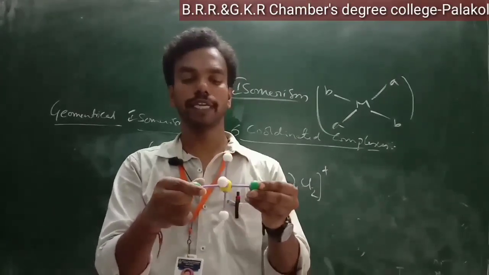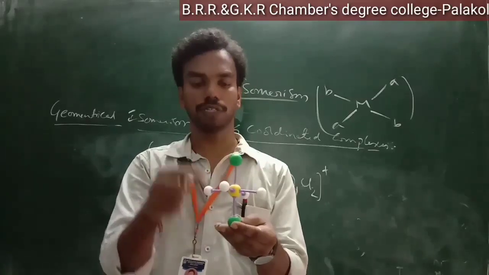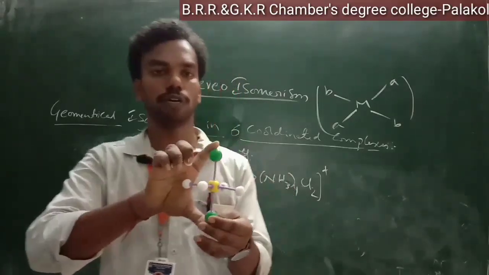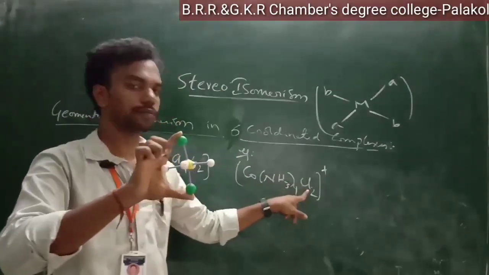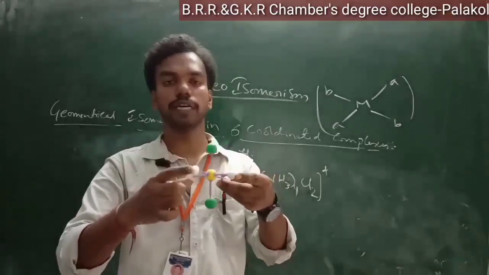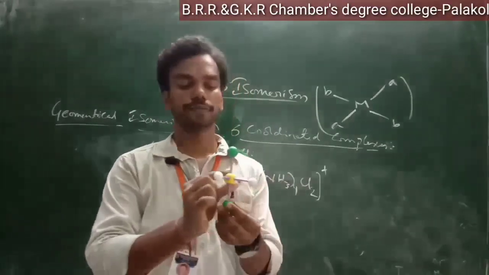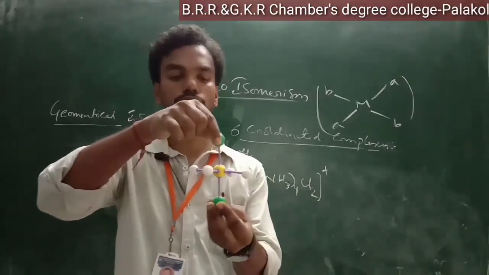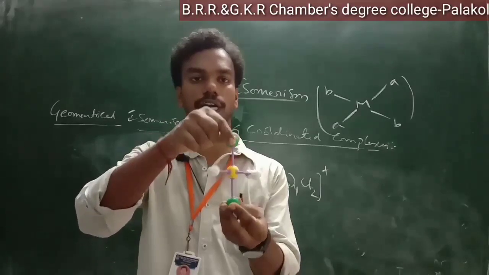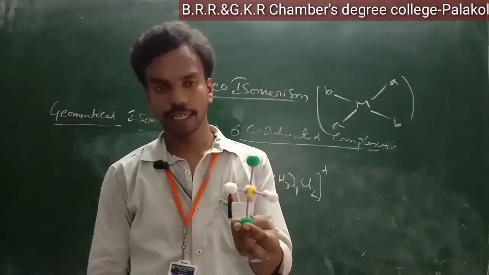Here two ligands are arranged on either side, that means opposite positions, 1 comma 6 position, 1 2 3 4 5 6. These two green balls are chlorines, these four white balls are ammonias, and the yellow ball is cobalt. If you place the two chlorine atoms on opposite sides, that is the 1,6 position, this isomer is the trans isomer.